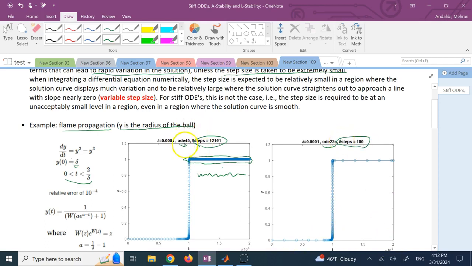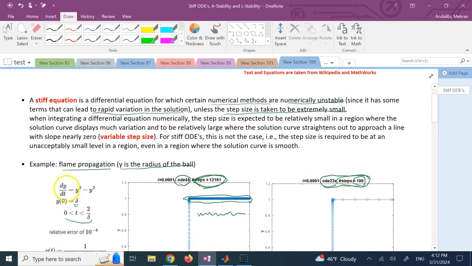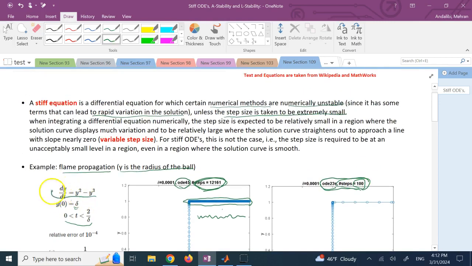So some solvers would not capture the dynamics of the system and get a solution with reasonable error unless you take a ton of small steps. Some other ones that are designed to handle it can easily do it with a lot fewer steps. That's why we call this kind of ODE a stiff ODE.